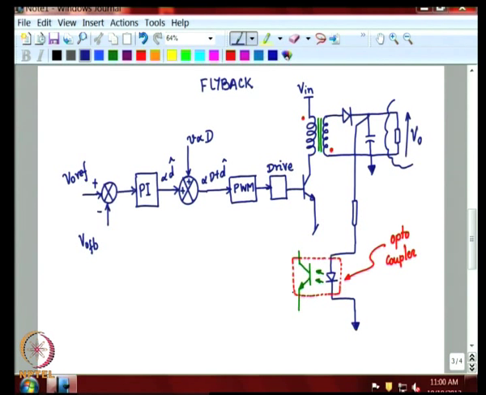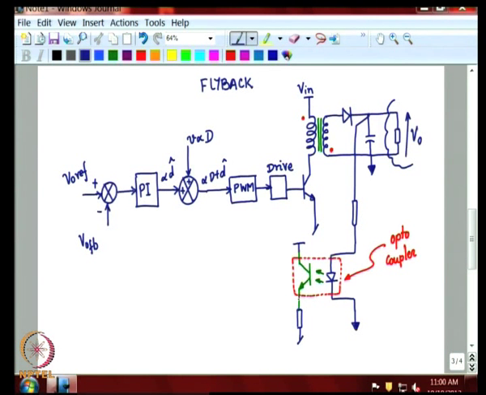And then let us say we have a resistor here and then you have some voltage which is connected across that with respect to this ground.